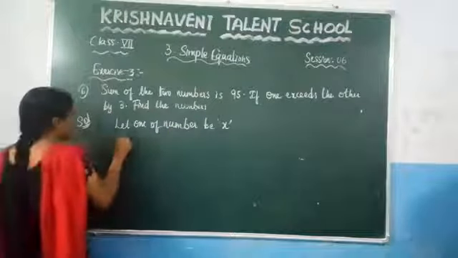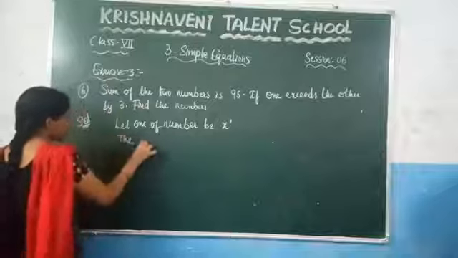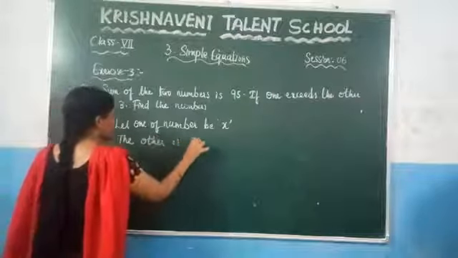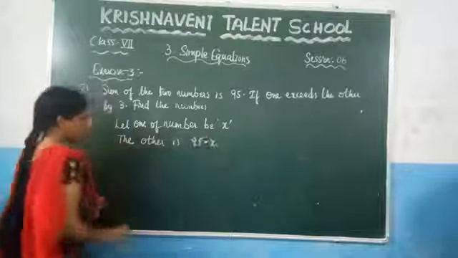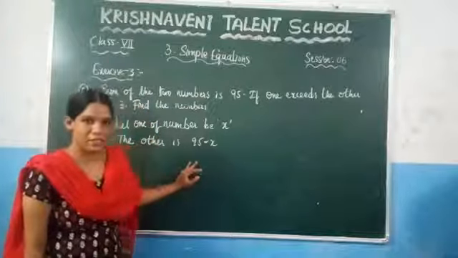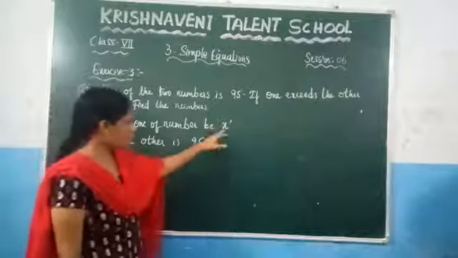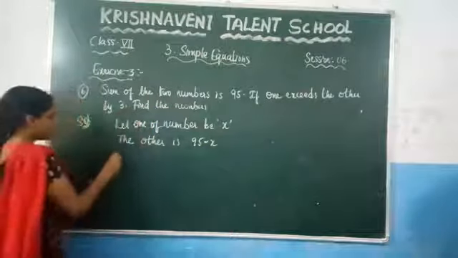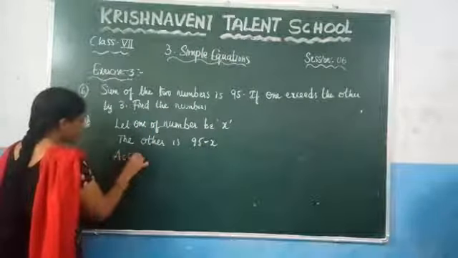So write it here: therefore the other number is 95 minus x. Now here we took one number as x, then the other number is 95 minus x. And if you subtract these two numbers, what will be the answer? Which is 3. So write it here according to the problem.